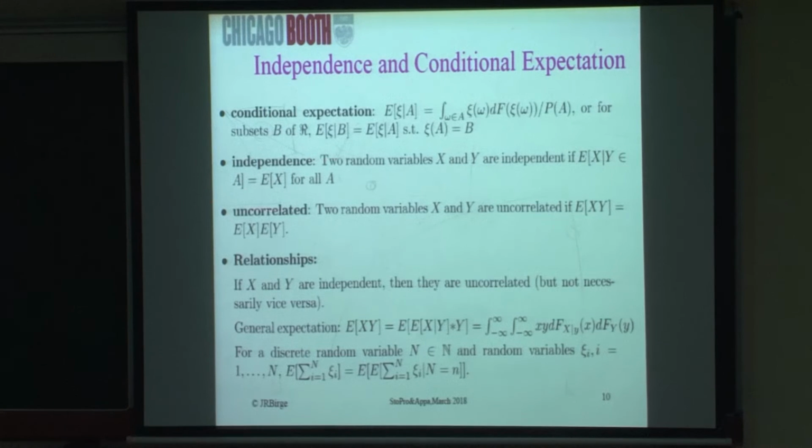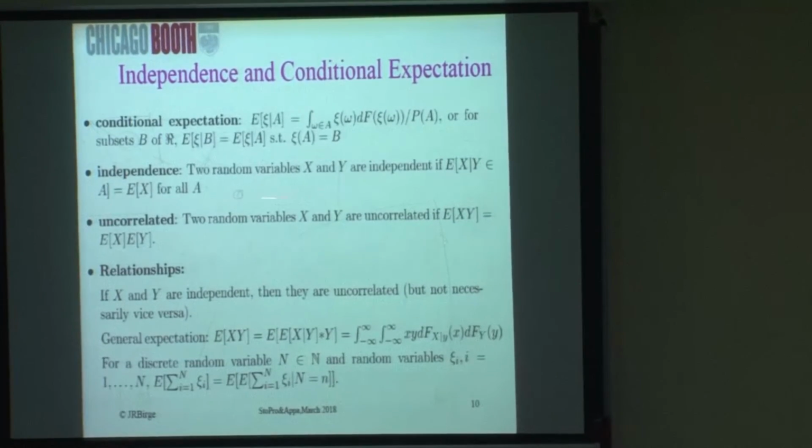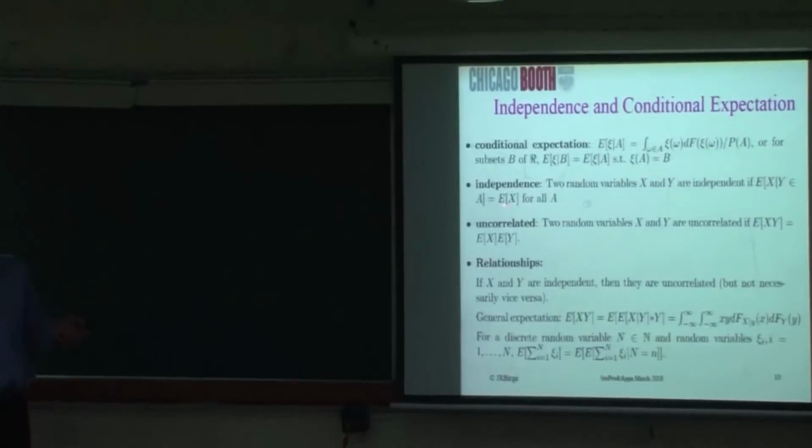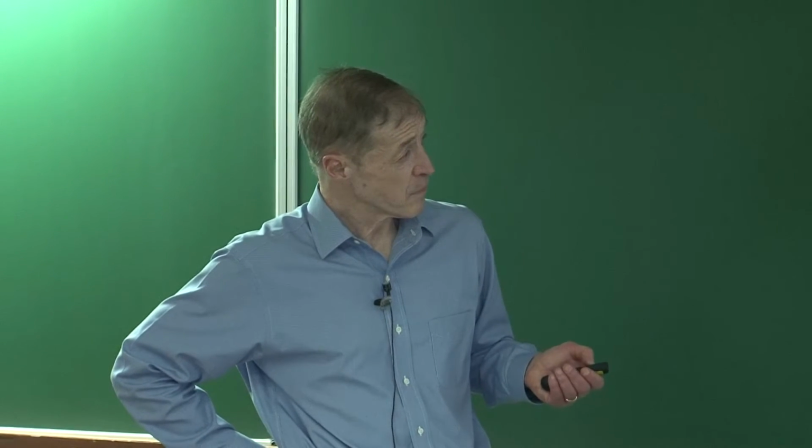So conditional expectation is also related to independence, to say that two random variables are independent if, when I condition on, let's say, particular events of one random variable, it doesn't affect the expectation of the other one. So if I condition on one random variable having a particular set of possible outcomes or possible values, that doesn't affect whatever the expectation is of the other one.